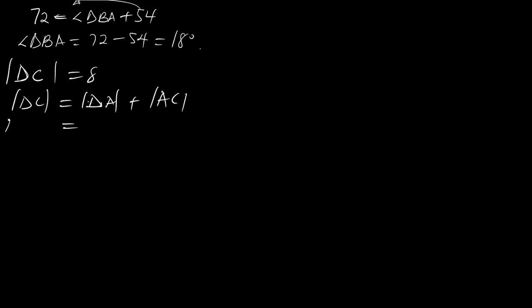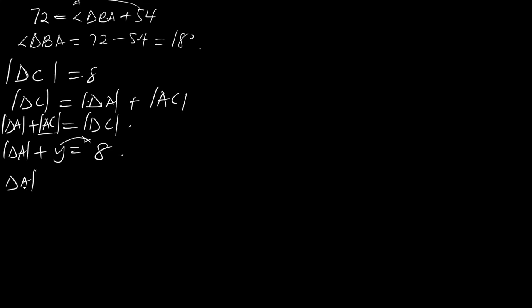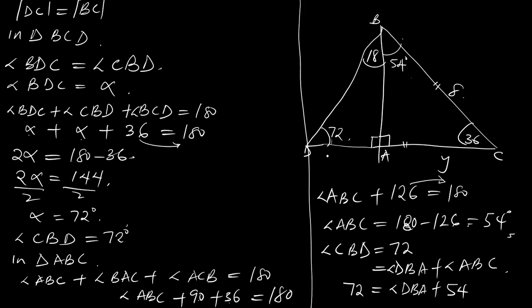You know that DA plus AC is equal to DC, and DA plus AC is Y, equal to DC, which is 8. So you move Y to the other side, you have DA equal to 8 minus Y. So that means here is now 8 minus Y.